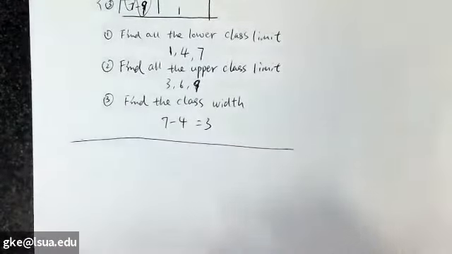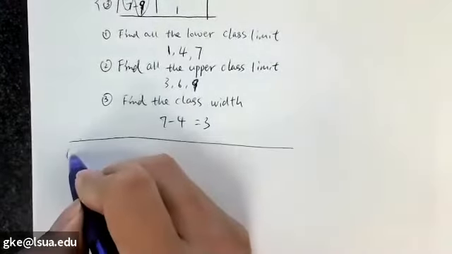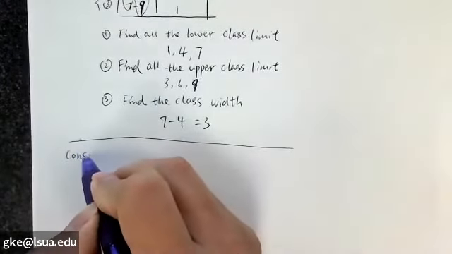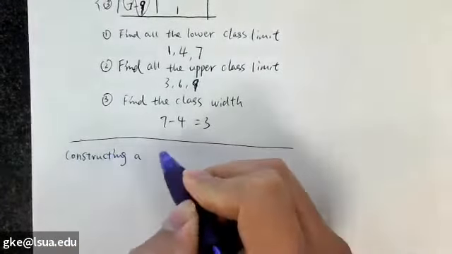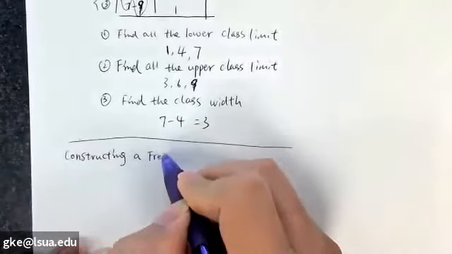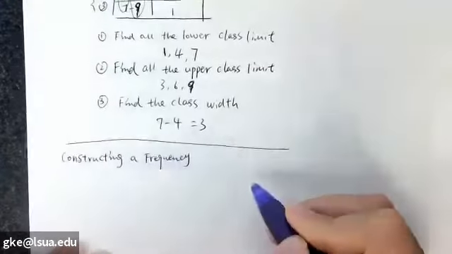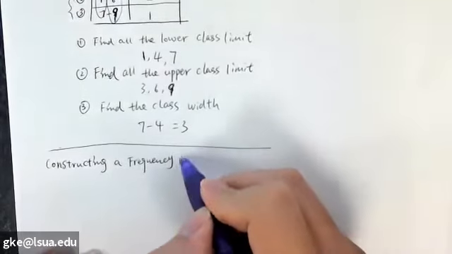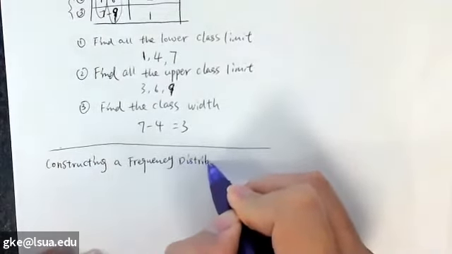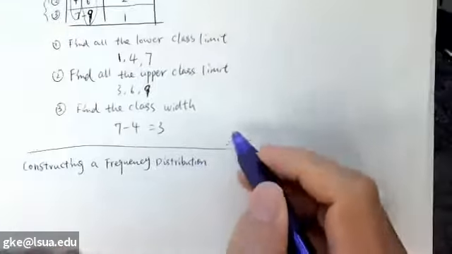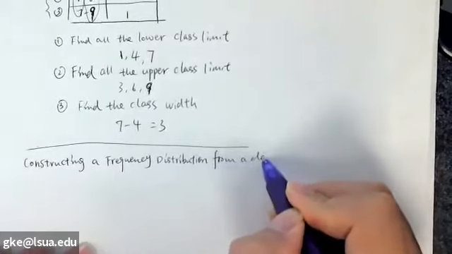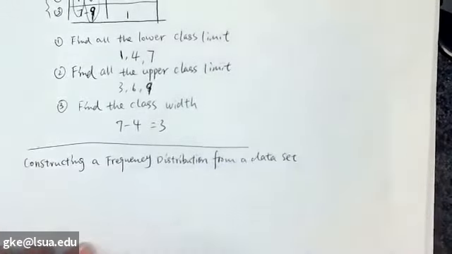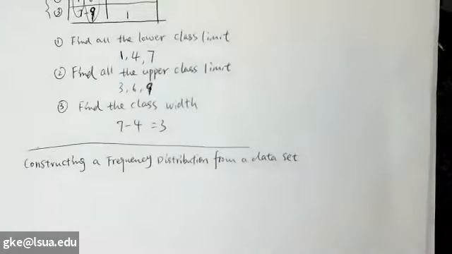Constructing a frequency distribution from a data set. Okay, data set. They have 5 steps.